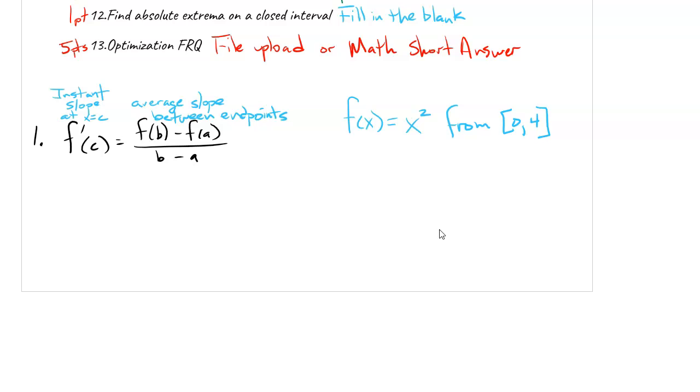Okay, Vincent, I'm not sure how great this will work over chat, but if I was given this and I was asked to find the c value that satisfies the mean value theorem, and you'd be given that formula, but if not, write it down next to question 1 in your notes. How would I go about doing this? That's why I said I'm not sure how well this would work chatting or typing.